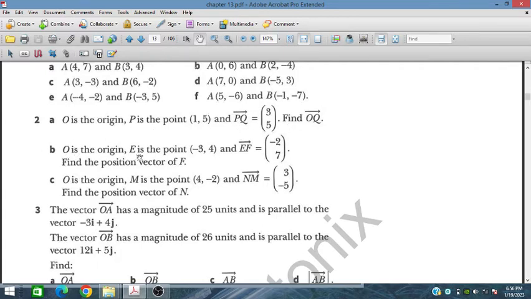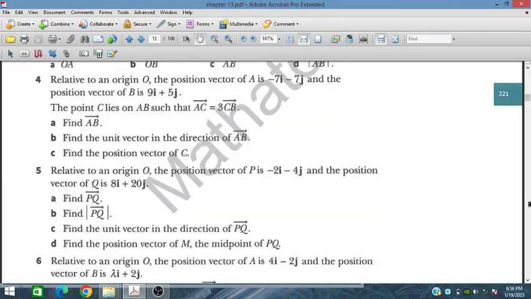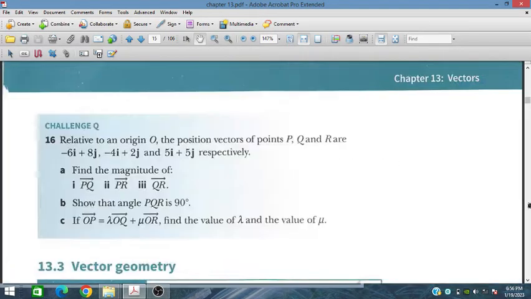Similarly for the second question, E is given and EF is given, and we have to find the position vector of F, so we actually have to find OF. Then M is the midpoint, and NM is given. Find the position vector of N. So let's solve this question.